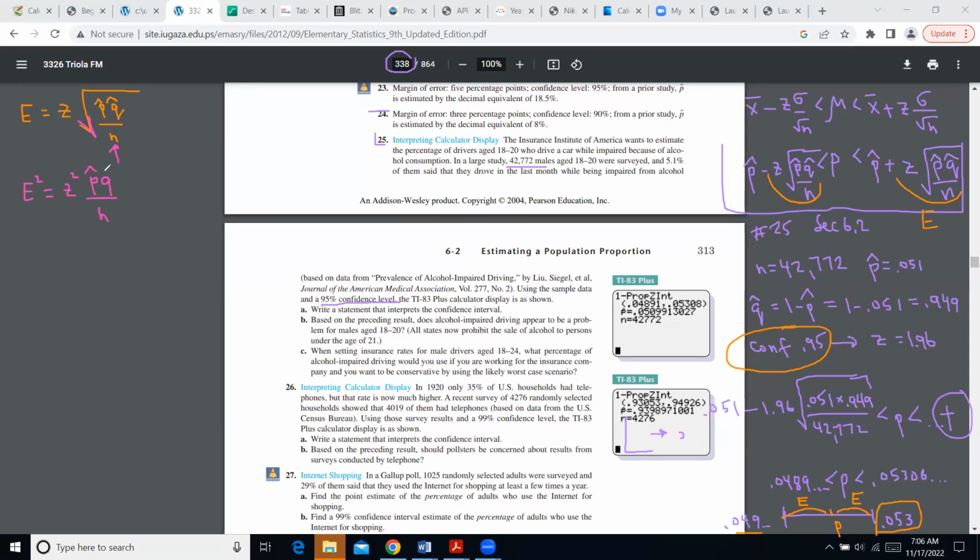And then if I use the so-called proportion rule, if I multiply by n and divide by r squared, then I will get z squared times pq over r squared, which is exactly the sample size I need.